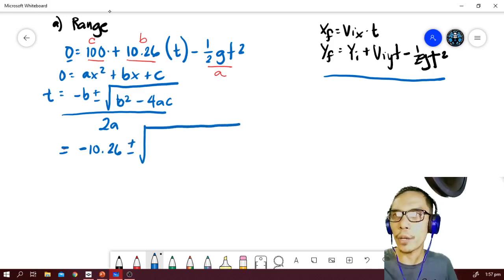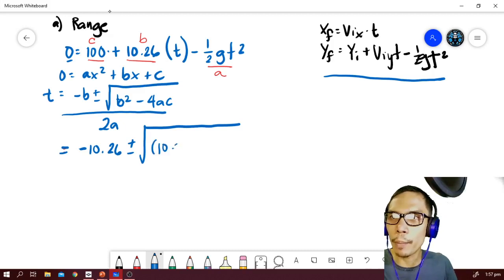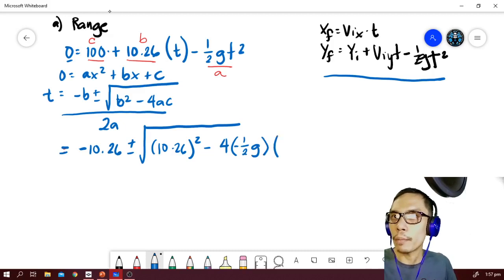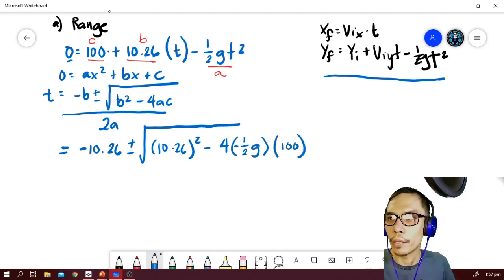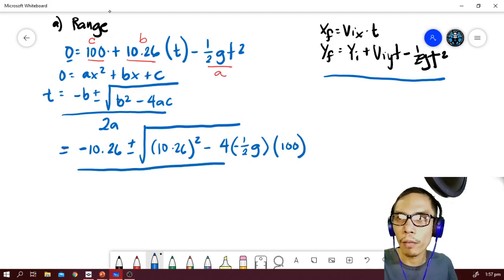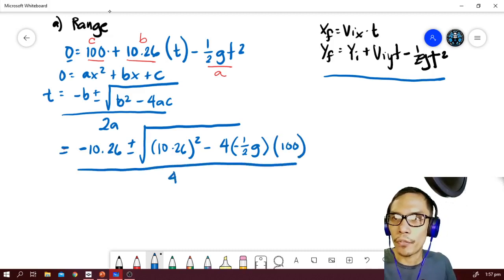For the b squared, we have 10.26 squared minus 4 times the a, which is the negative 1/2 g that you have right there, multiplied by 100. Next, divided by 2 times negative 1/2 g.